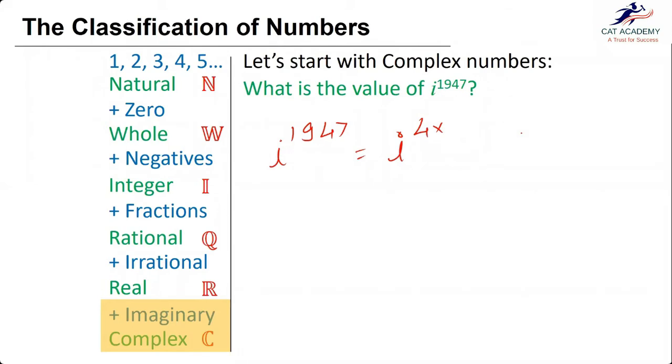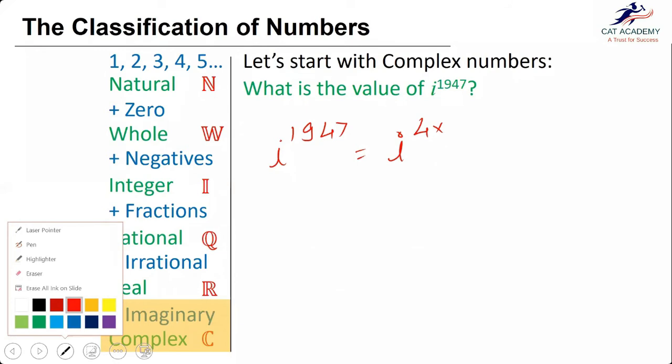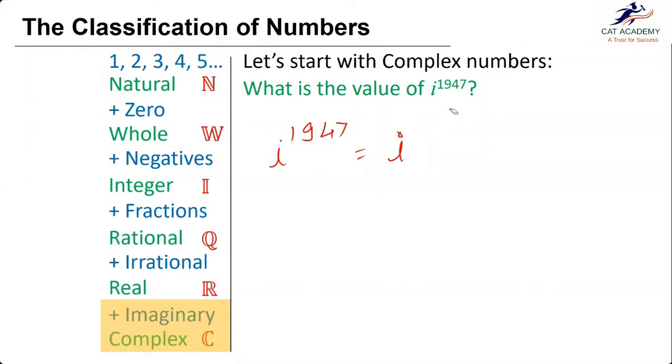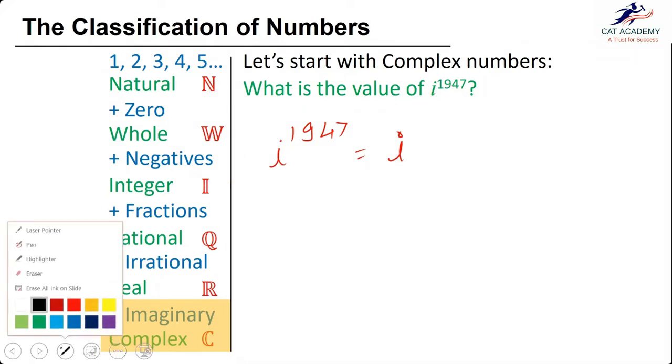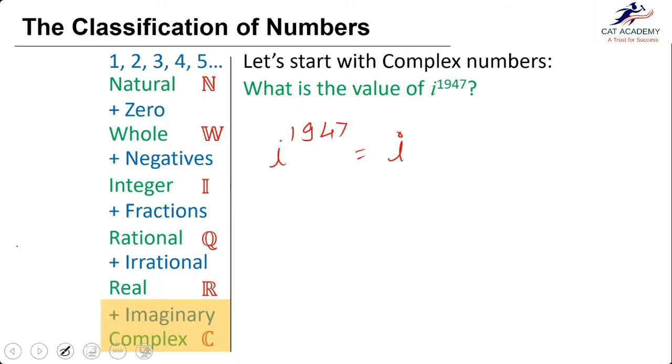So can you tell me which is the closest multiple of 4 to 1947? 1948 is the closest multiple, correct? So can I write it like this?